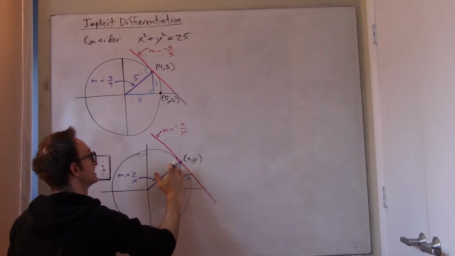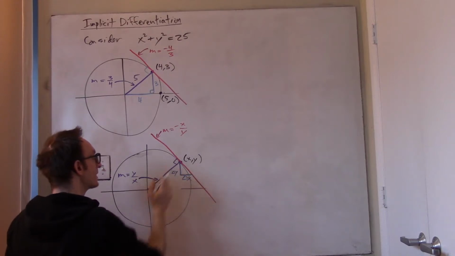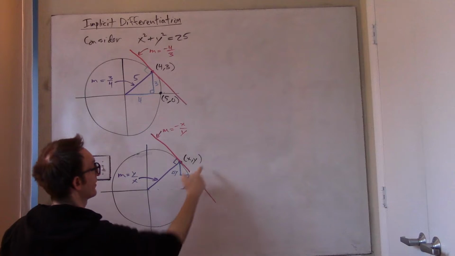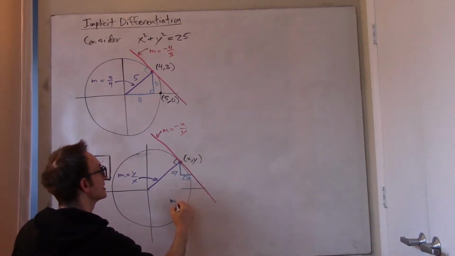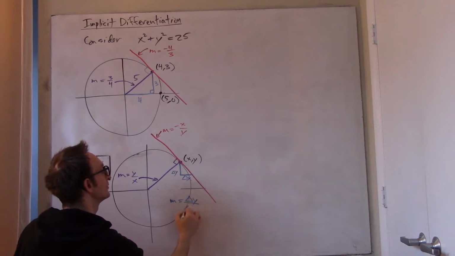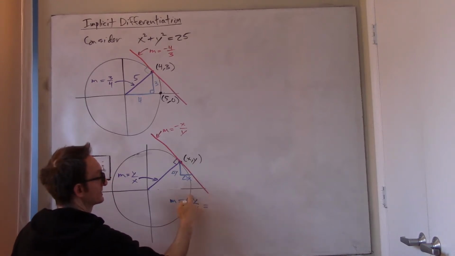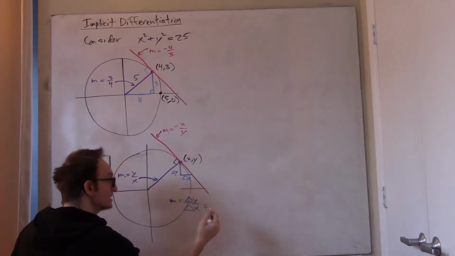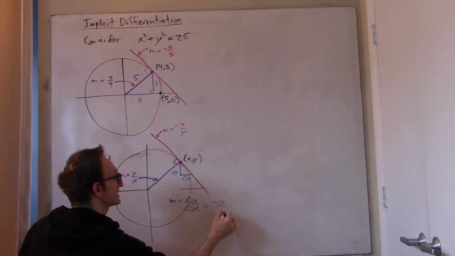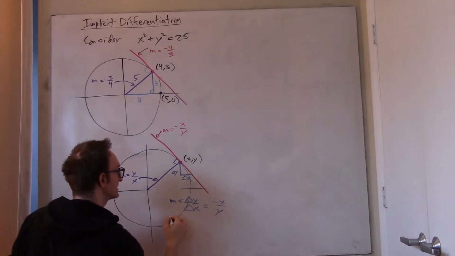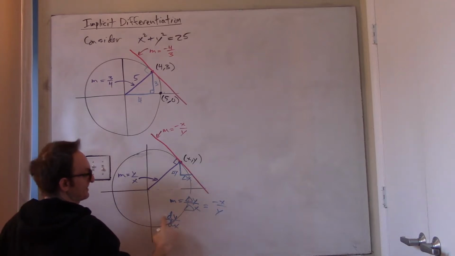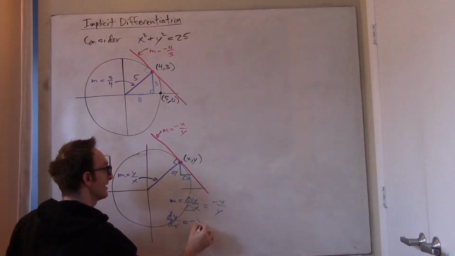In other words, when I say that the slope of this tangent line is negative x over y, I really mean that the slope of this line, the change in y over the change in x, for this tangent line is negative x over y. In other words, the infinitesimal change in y over the infinitesimal change in x is negative x over y.